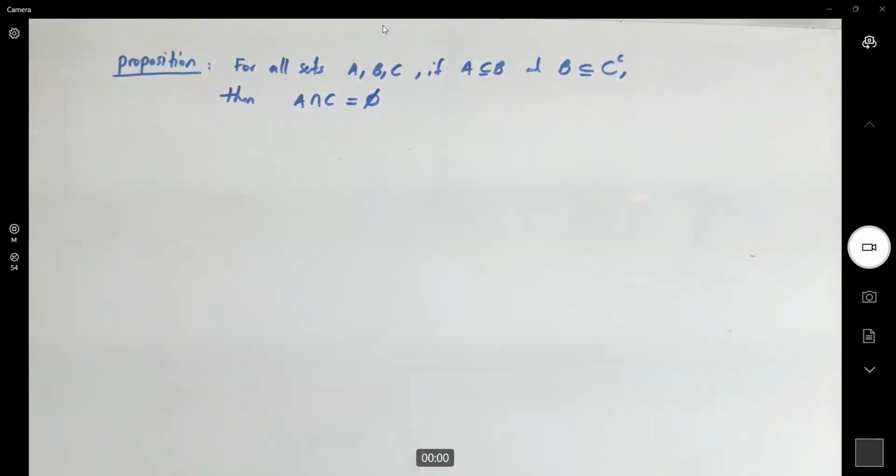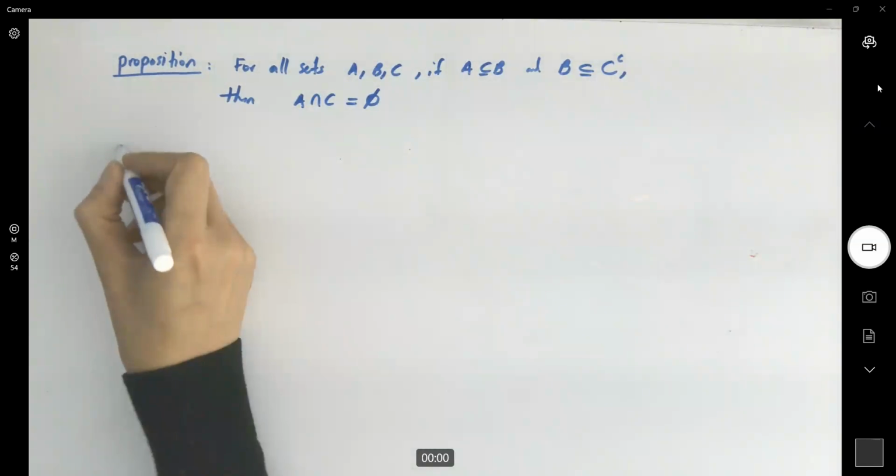Here we have a proposition, and we're going to try to prove this by using definition. Proof by definition.